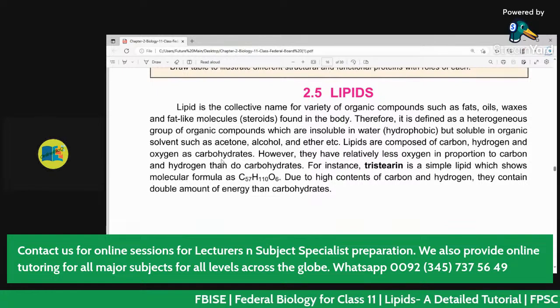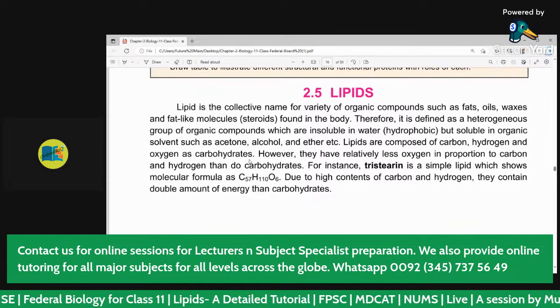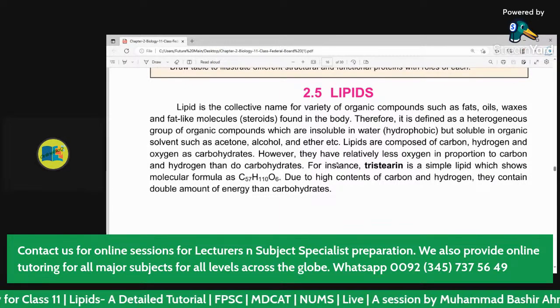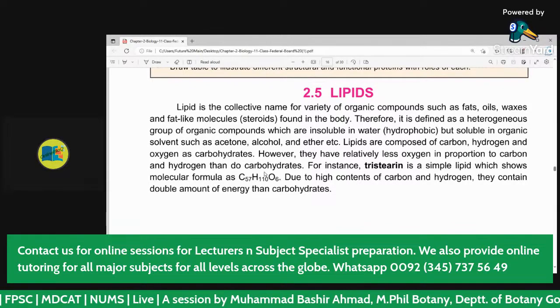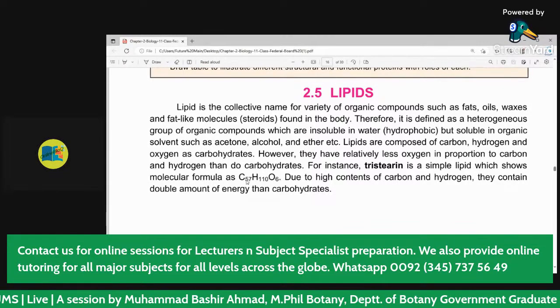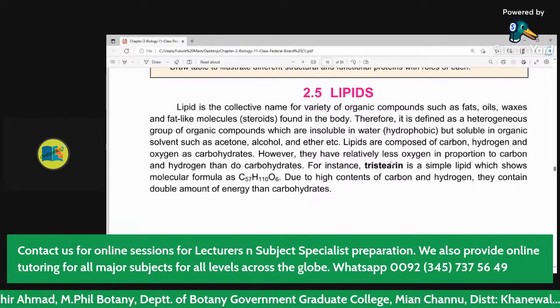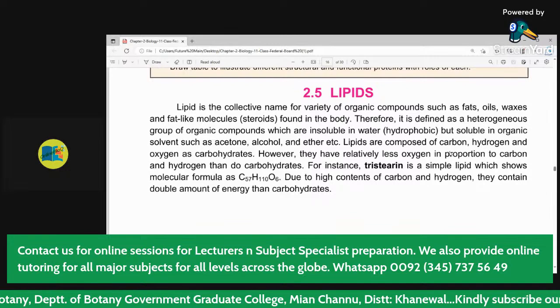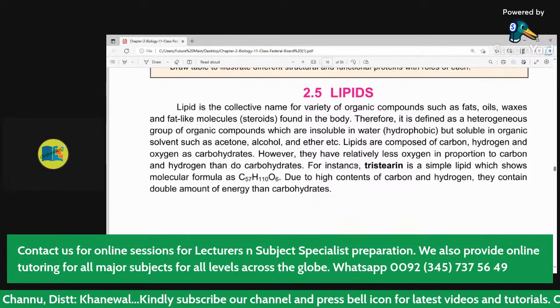Likewise, lipids are also composed of carbon, hydrogen, and oxygen. However, they have relatively less oxygen in proportion to carbon and hydrogen as compared to carbohydrates.